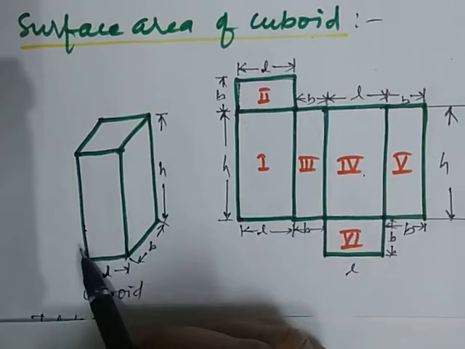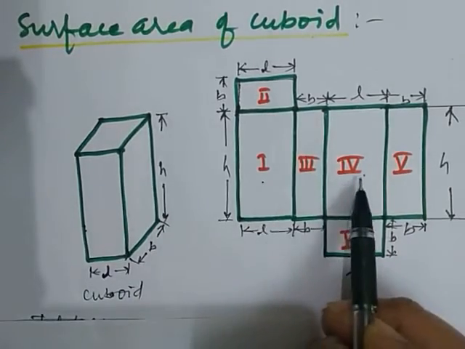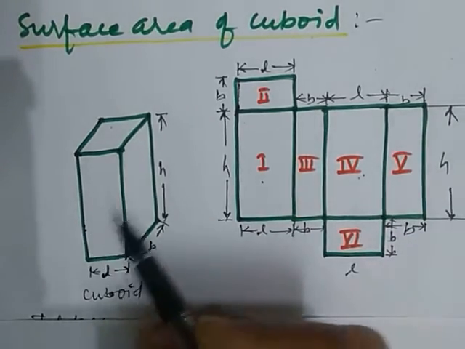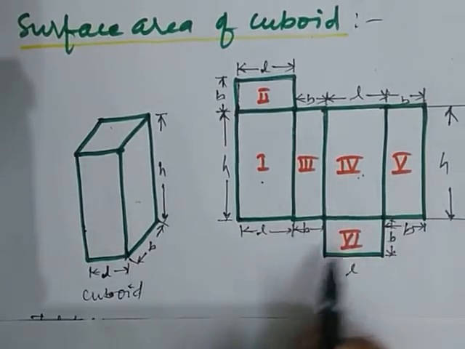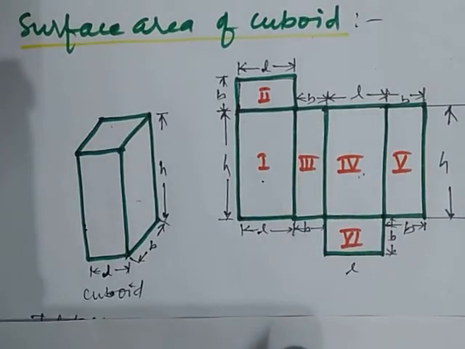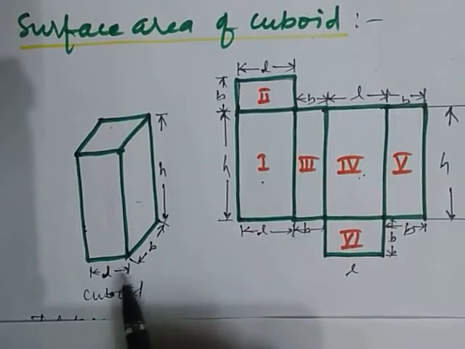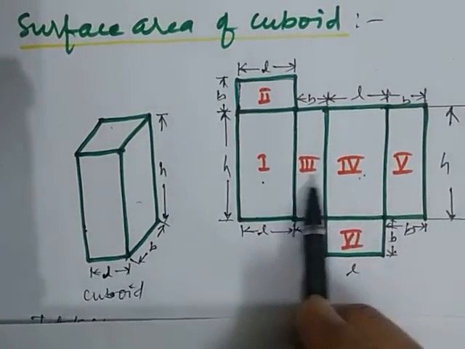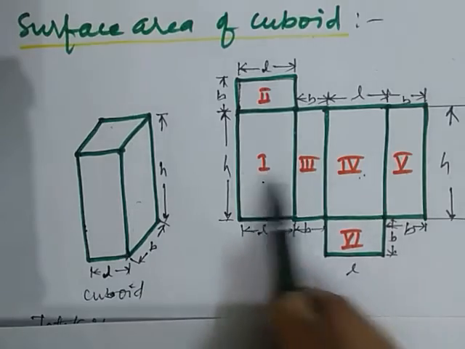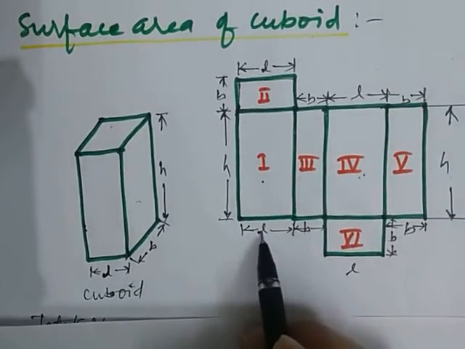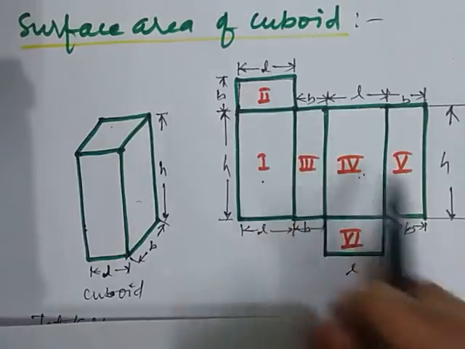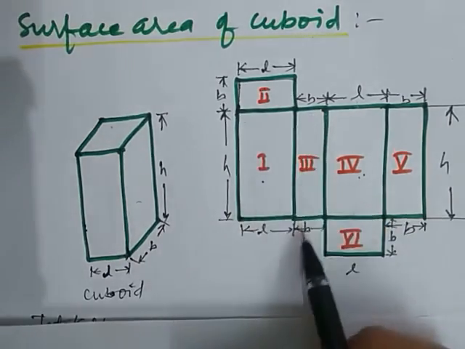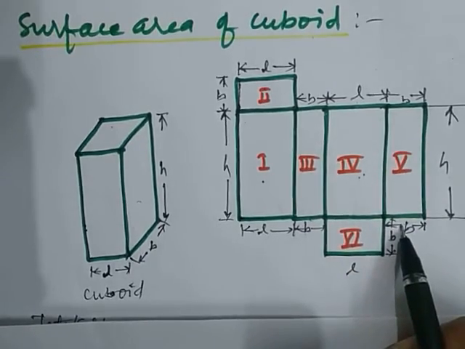This front and the back look like this. This top and bottom look like this, and these sides look like this. There are six faces. Here some dimensions: L, B and H. This is H, so all these edges are H. This and this is L, this and this also L. This and this B, this and this B.